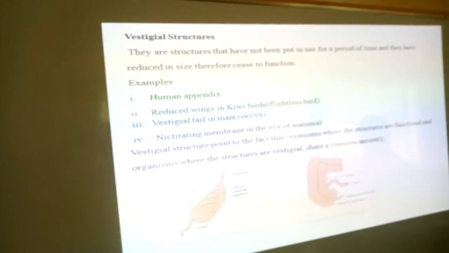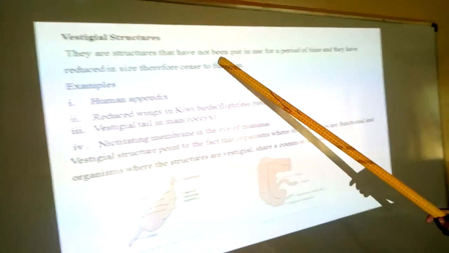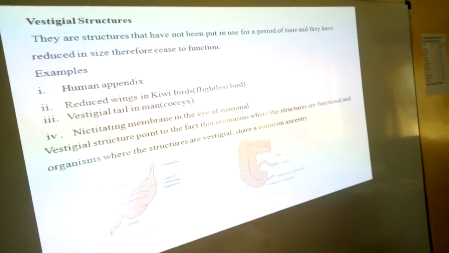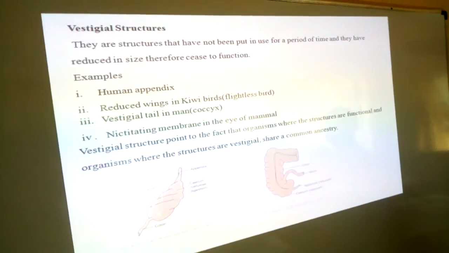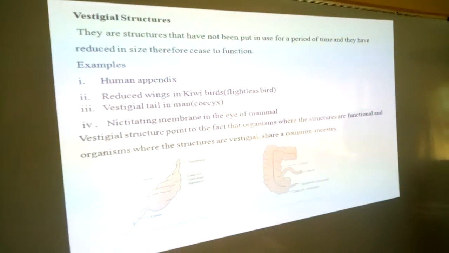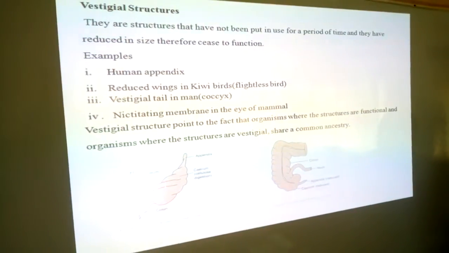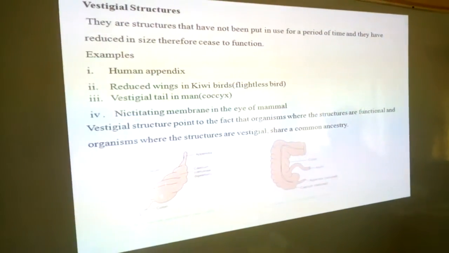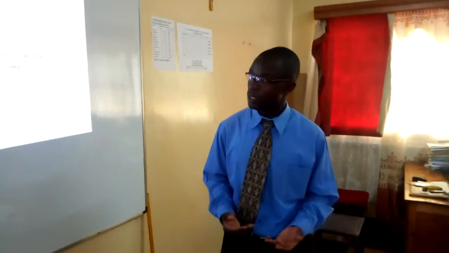Vestigial structure, another type of structure. They are structures that have not been put into use for a long period of time, and they have reduced in size, therefore ceased to function. Which are these structures? For instance, we went home because of the pandemic issue of coronavirus.